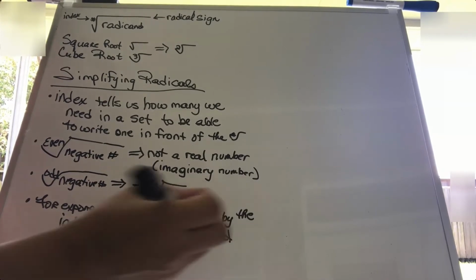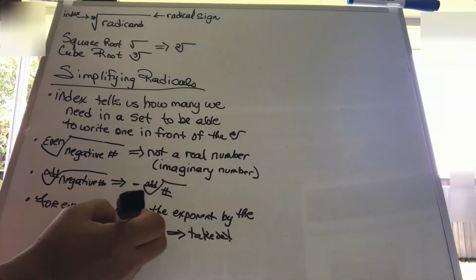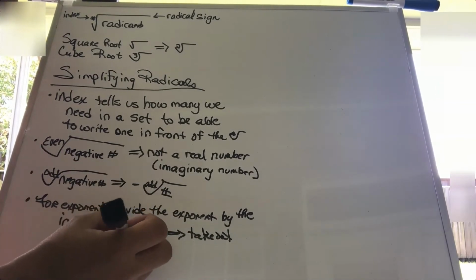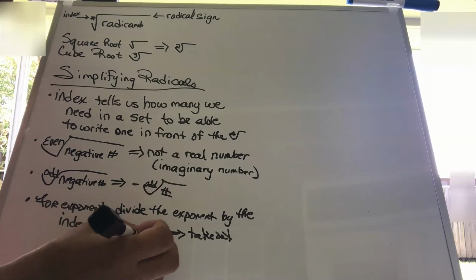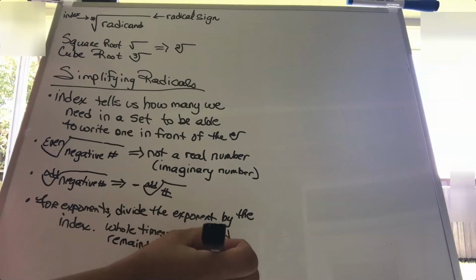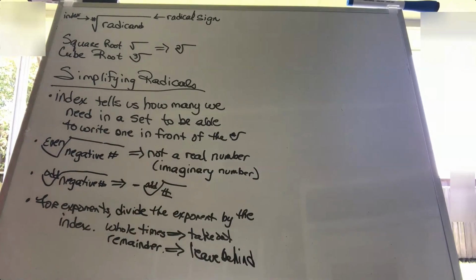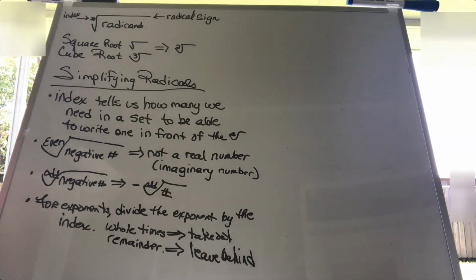The number of whole times it goes into it, we take that out, and the remainder is what we're leaving behind. And so this is pretty much what we're doing.